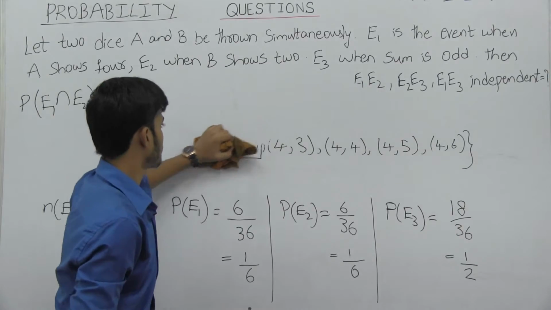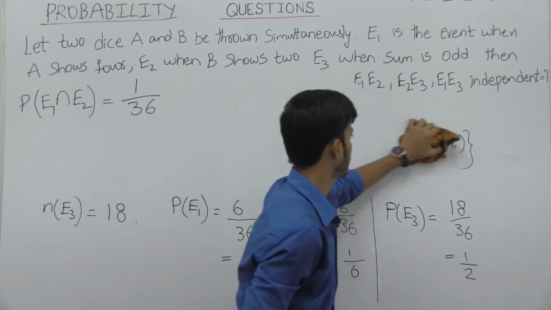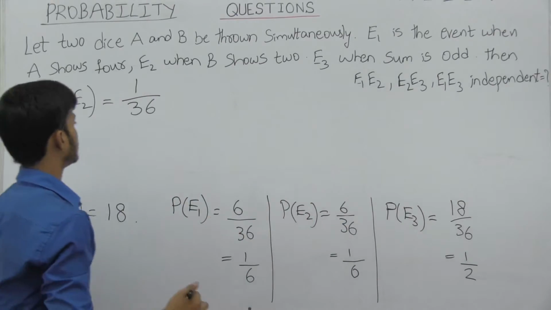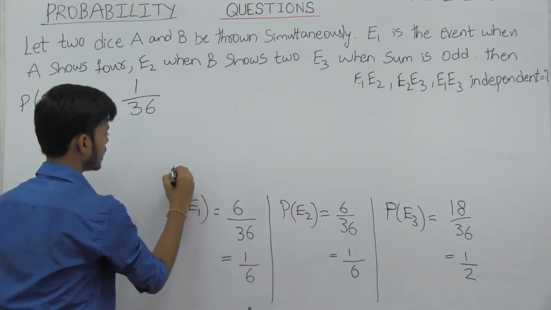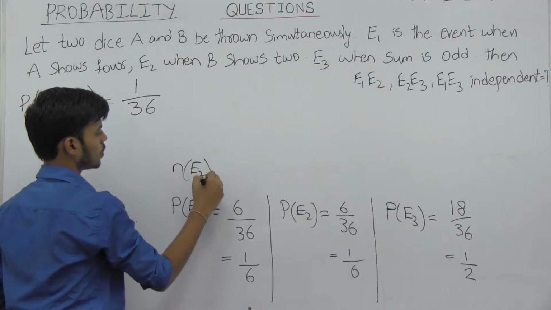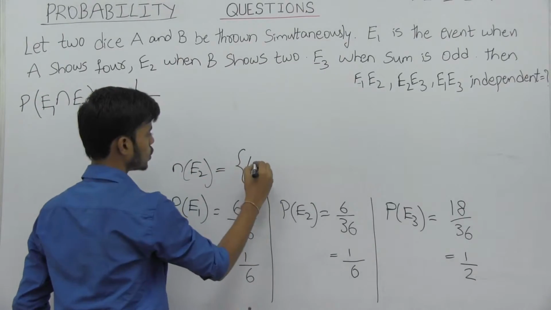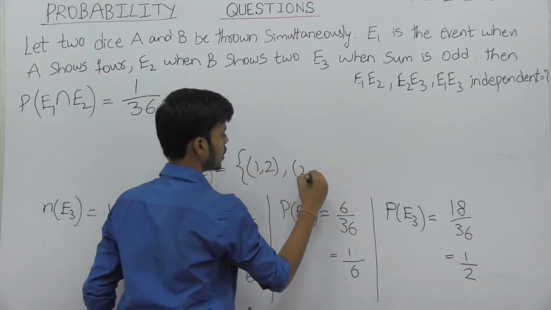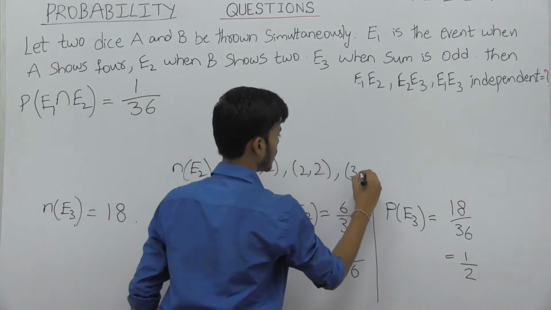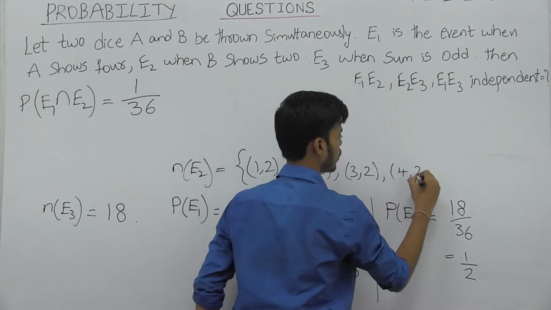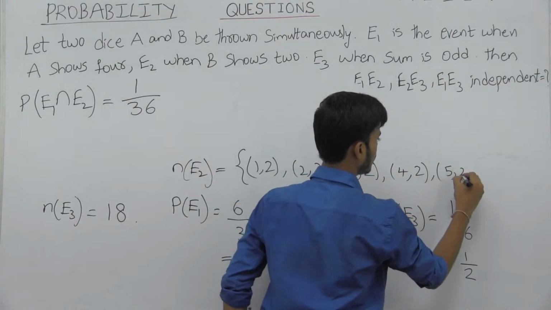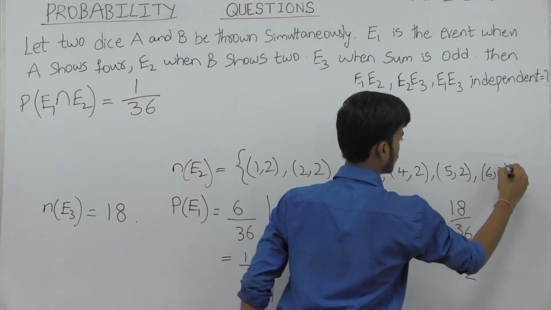In the same way, the probability of E2 and E3. So let's write E2. We had E2, B shows 2, so 2 is fixed: 1,2, 2,2, 3,2, 4,2, 5,2 and 6,2.